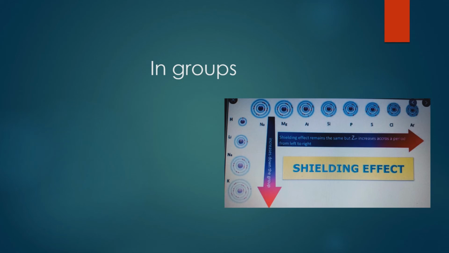Now we will discuss the shielding effect in groups. Groups means the vertical columns in the periodic table. As you can see in this picture, the first group starts from hydrogen and ends on Fr. We have drawn 4 structures of the first group: hydrogen, lithium, sodium and potassium.